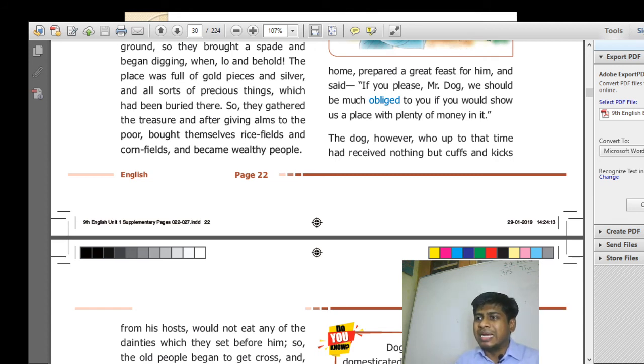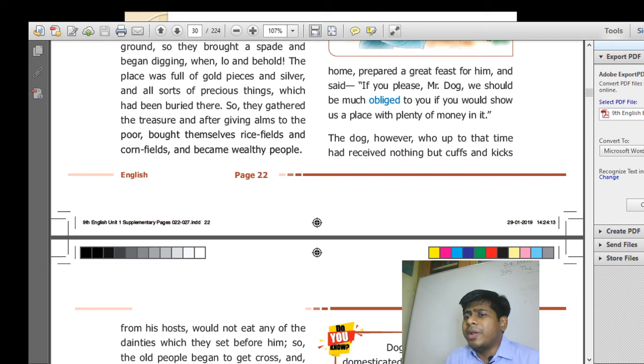That means delicacies, rich, tasty food prepared like a feast. They are offering a feast to the dog and requesting the dog. And till that day, this dog had received nothing but cuffs and kicks. Cuffs means beating the dog with a stick, and kicks from his host. Host means here the couple who are treating the dog as a guest.